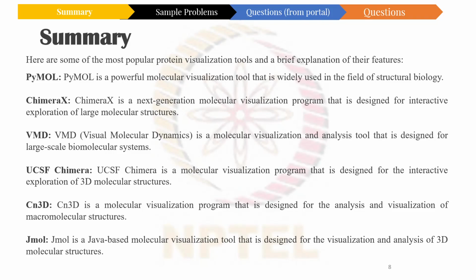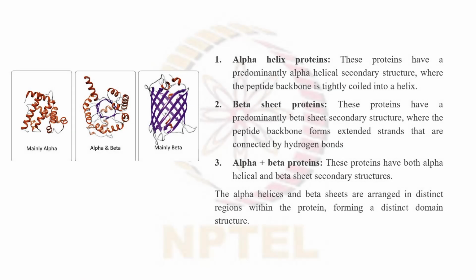Okay, from here on I'll be discussing the structural classes of proteins. Proteins are a diverse class of biomolecules that perform a wide range of functions in living organisms. Despite their diversity, these proteins can be broadly classified into some structural classes based on their overall fold and topology.